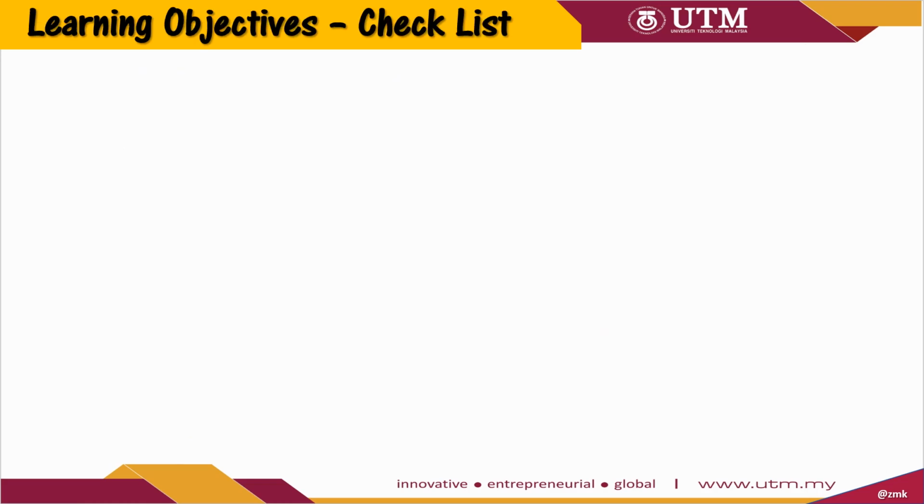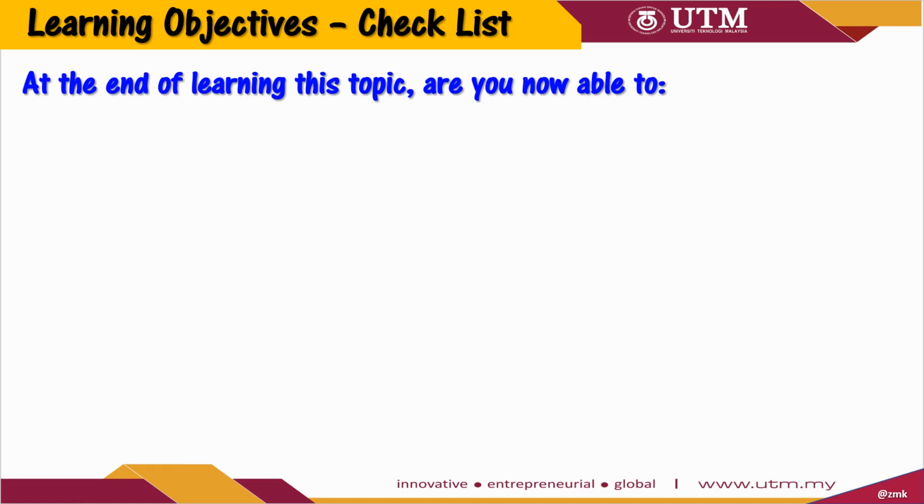Having done two examples on testing the difference between two population proportions, we are now at the end of this session. Before ending this session, let us look again at this topic's learning objectives. Hopefully, after truly and honestly learning this topic, you may question yourselves whether or not you are able to achieve the following 5 objectives.